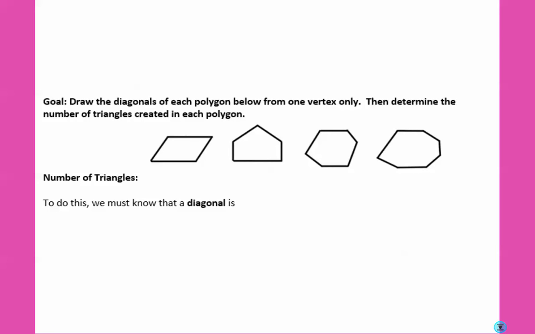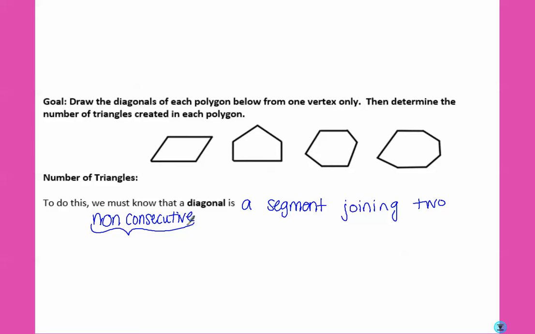A diagonal is a segment joining two non-consecutive, non meaning not, consecutive meaning next to each other, vertices.